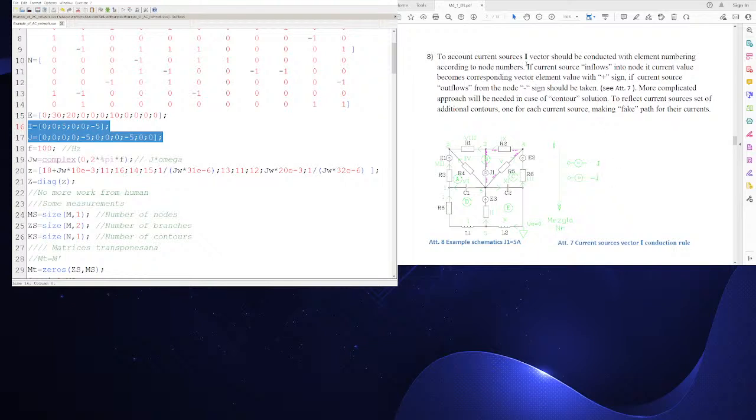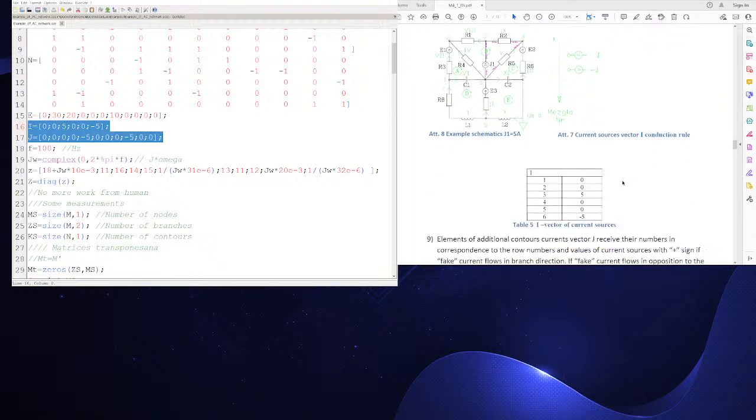Usually we use the J vector, which is constructed very simply by the number of nodes, and if the current source inflows into a node, we write it with a plus sign. If it flows from the node, we write it with a minus sign.